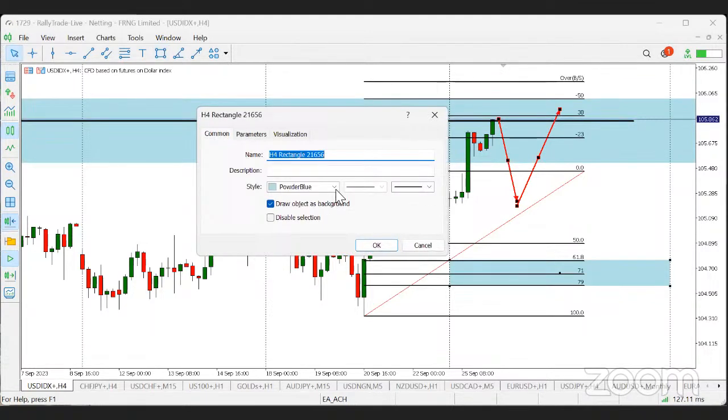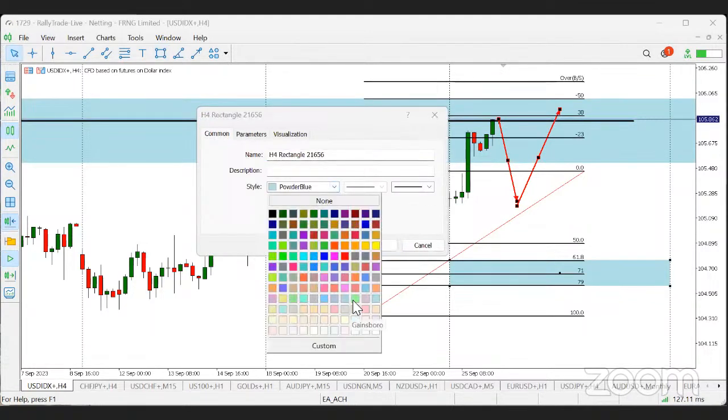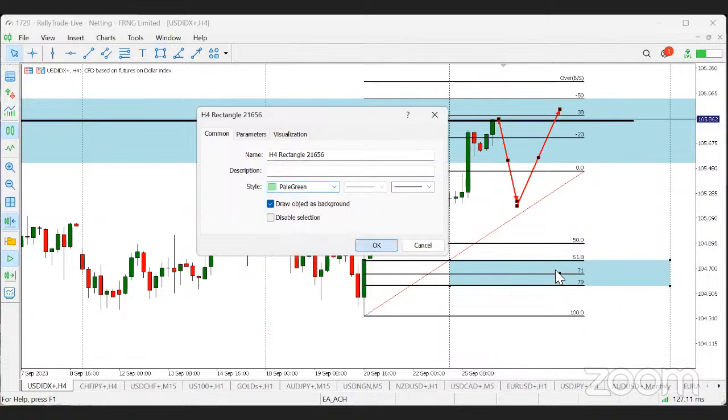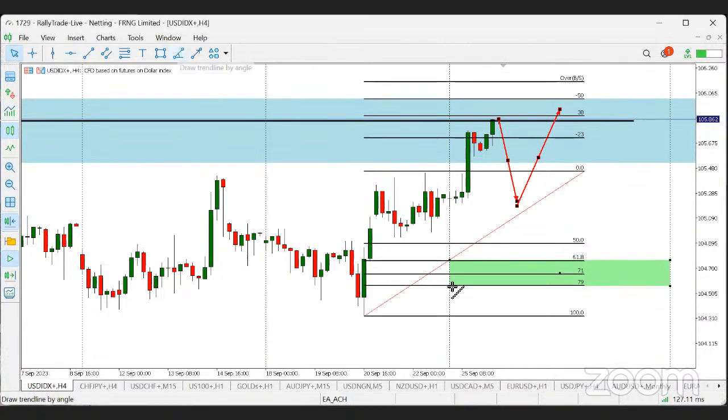Let me give this a color so that we can see it. I'm using this now to mark my Fib and the possible areas I am expecting.